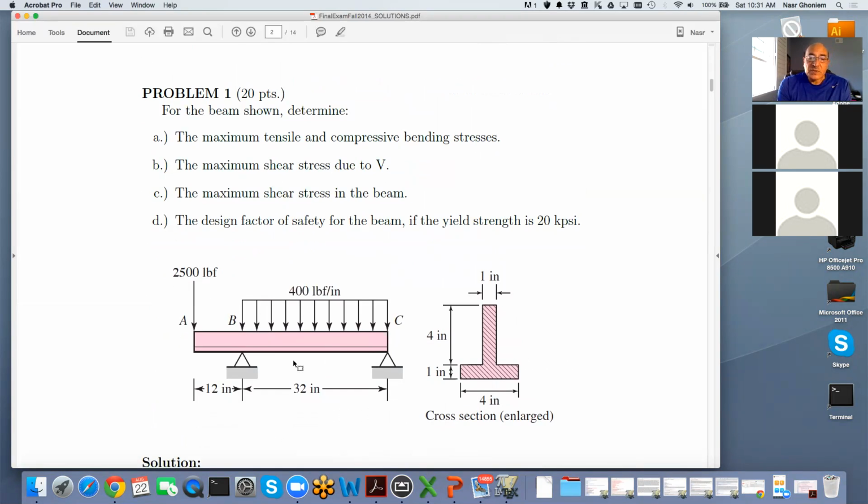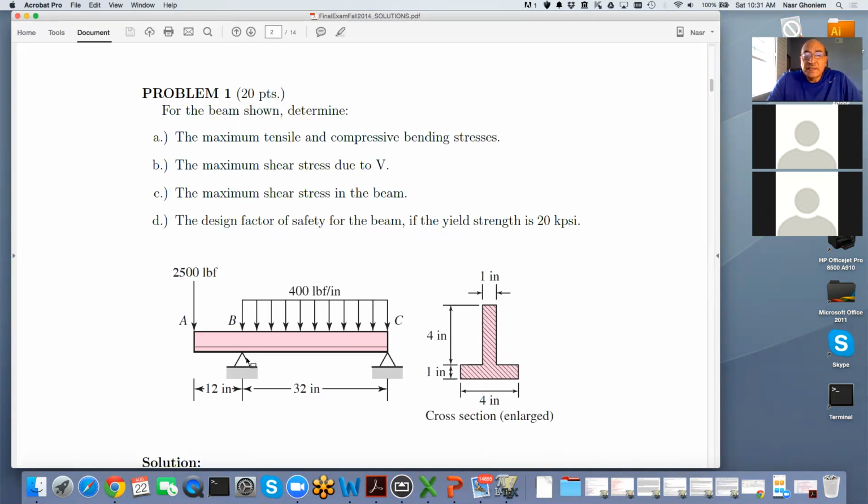So simple support, and you will have a cross section. The cross section cannot be crazy. It has to be something like this, or an I-beam, or a box, in which you can calculate the area, and you can calculate the second moment of area, the I. So it's no problem. And the force system is simple. Why?